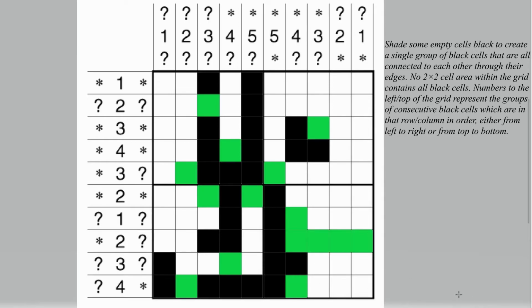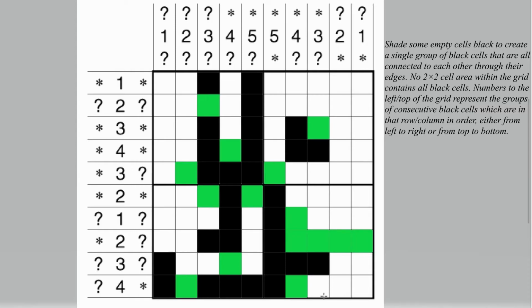Ooh, here's something interesting. Okay, since we blocked off this corner, what does that tell us? It tells us this question mark right here is in one of these two squares. Well, we already knew that. But in one of these two squares that has to connect to this. The only way to connect is by going this route right here.